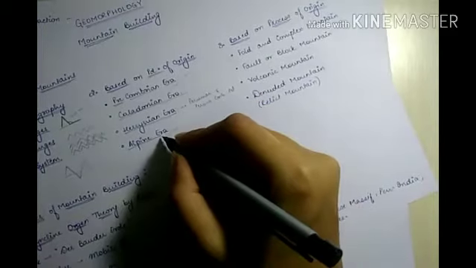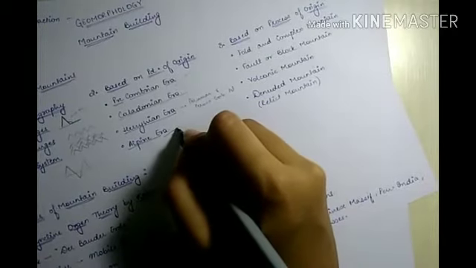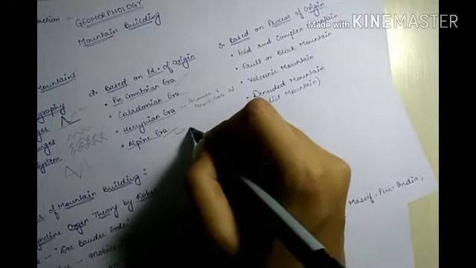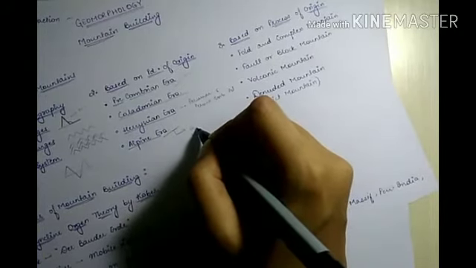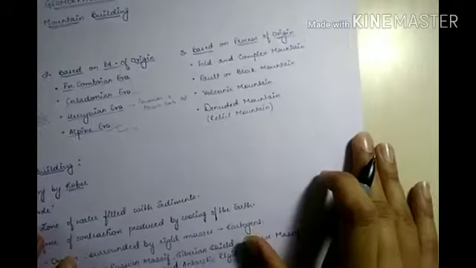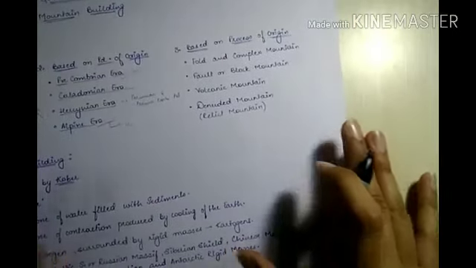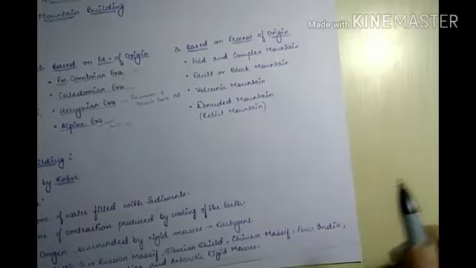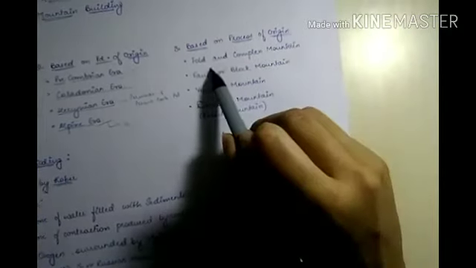So these mountains are formed due to upliftment of geosynclines, and the best examples are the Himalayas, Alps, Rockies, Andes, etc. And the last classification is based on the process of origin. On the process of origin, we again have four types of mountains. First is fold mountains and complex mountain systems.